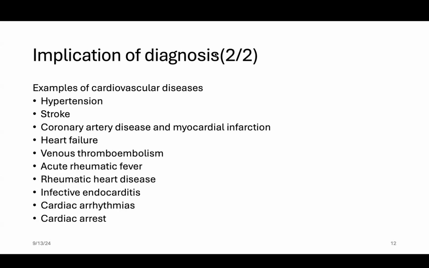So if you are tagged with metabolic syndrome and nothing is done about it, you can even develop a stroke, heart failure, myocardial infarction, what we call heart attack, cardiac arrhythmias, cardiac arrest, a whole range of cardiovascular diseases. So metabolic syndrome is not child's play. Like we said, the good news is that with an aggressive lifestyle modification, you can be helped.